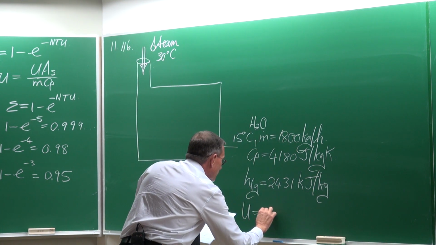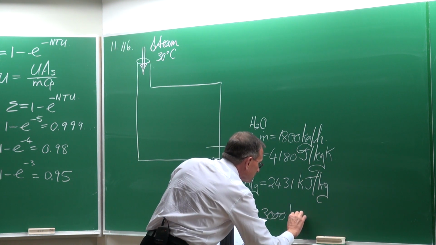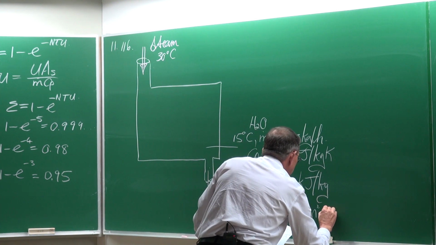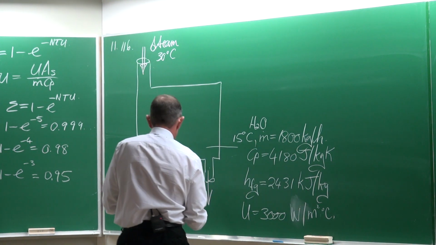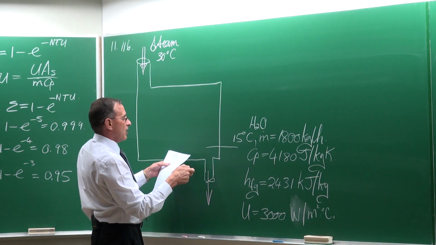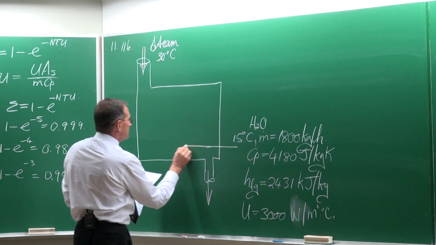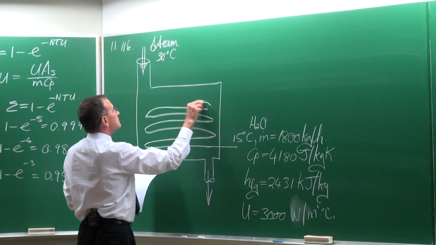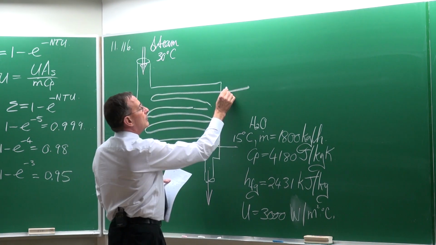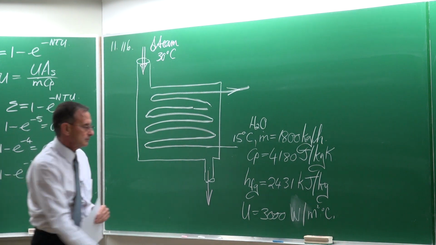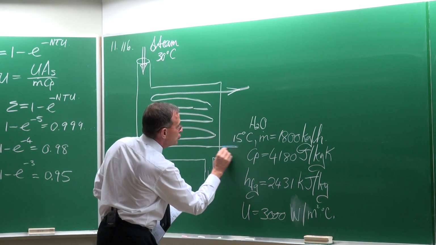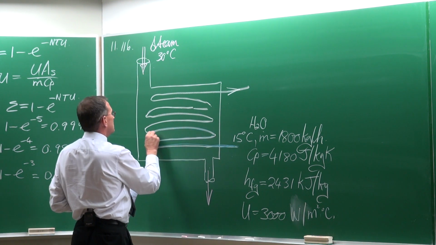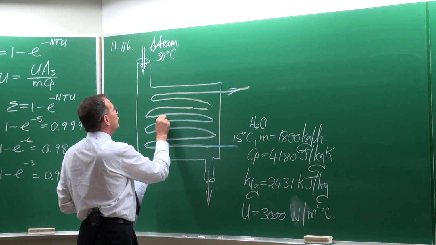The overall heat transfer coefficient of the heat exchanger is 3000 watts per square meter degree Celsius. It has 8 tube passes. Okay, so that's 1, 2, 3, 4, 5, 6, 7, 8, and going out. Okay, so this blue is the colder side. So we are using the water to condense the steam.